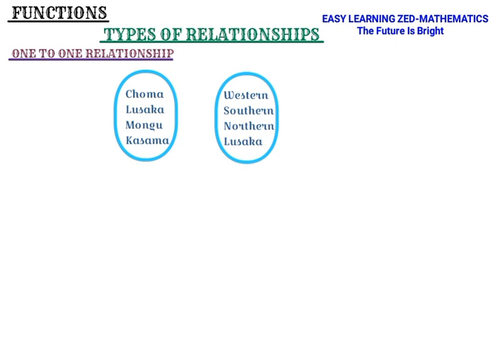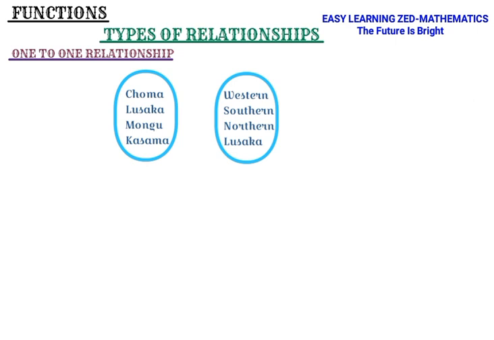There is a special relationship between this set and the other set, the set on the left and the set on the right. Today we're not trying to state the relationship, we're just trying to understand what a one-to-one relationship is. The set on the left contains the provincial headquarters of provinces.